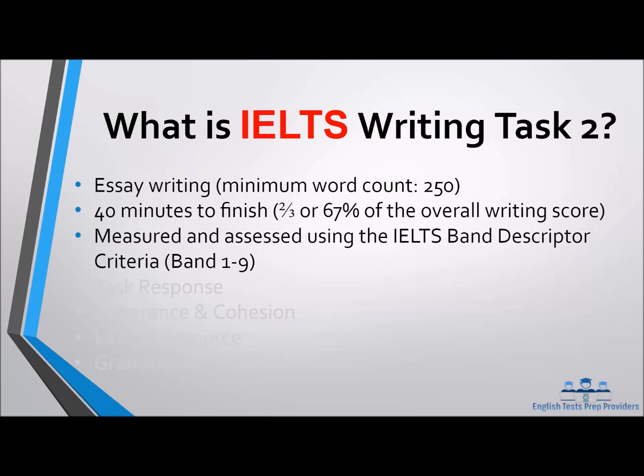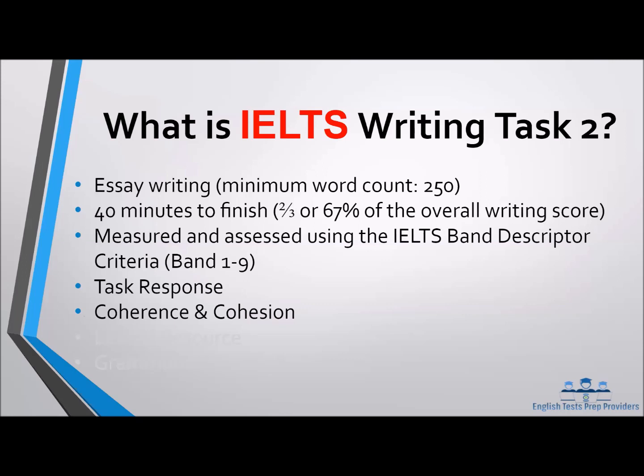For writing task 2, the first criterion is task response. Task response measures how you respond to the essay. Remember, this is essay writing, so you will be responding to different essay questions, and we're going to deal with all of them tonight. The second criterion is coherence and cohesion.